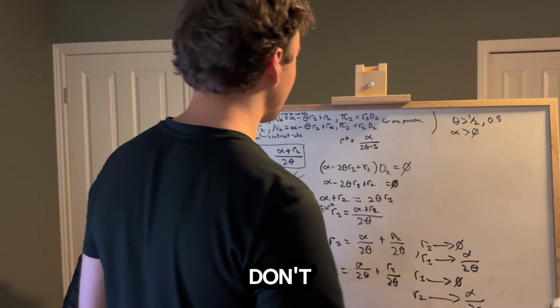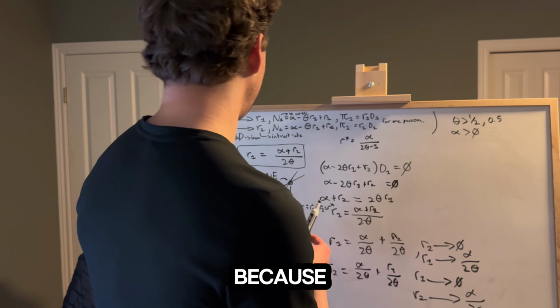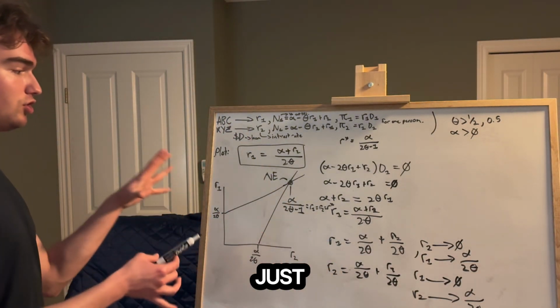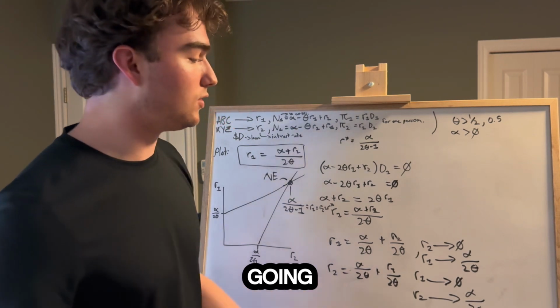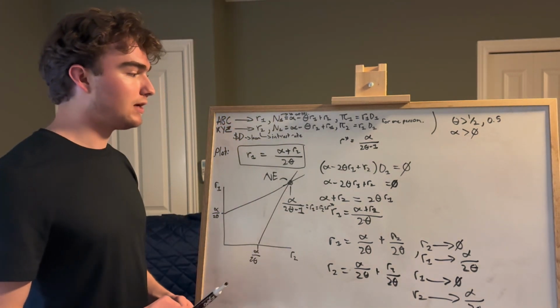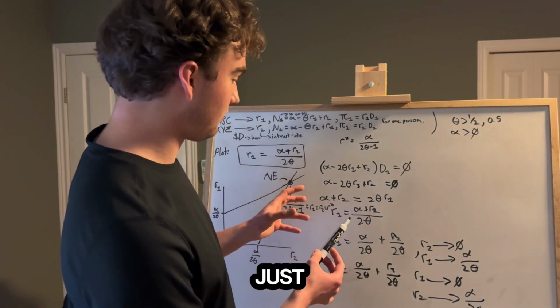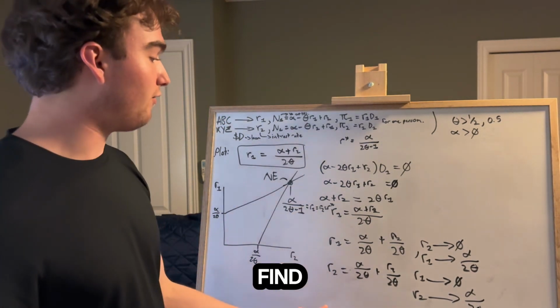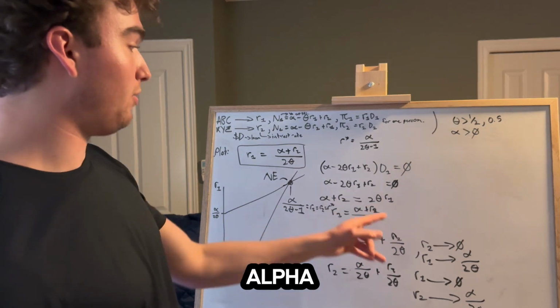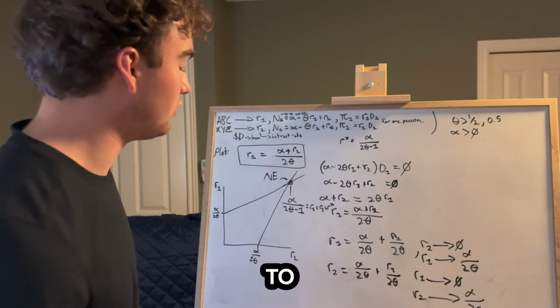But this time you don't combine the R's because you care about just the one firm and where it is going to end up, okay? So this time you just isolate for R1 and you keep R2 as R2 and you find out that it's alpha plus R2 all over 2 theta.